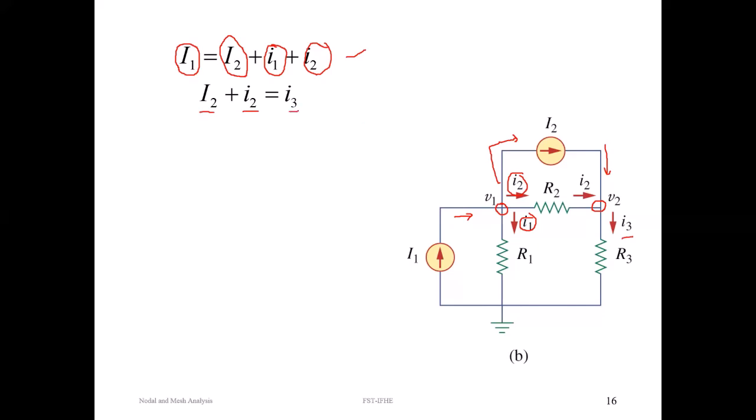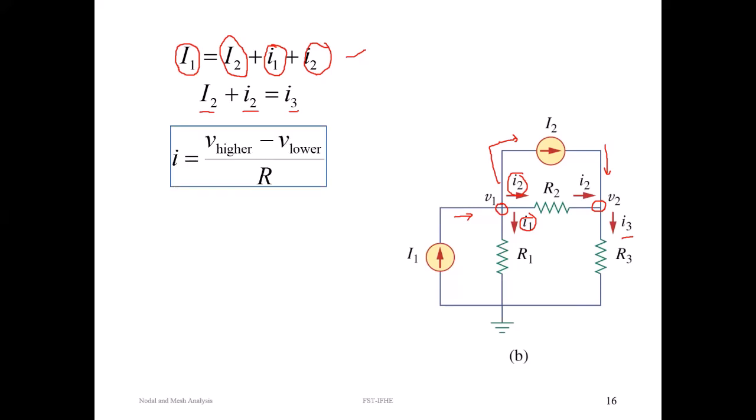So what we have done is that initially we applied KCL at V1 and KCL at V2, writing the KCL equations in terms of currents. That is, the first step is over. Only half of the second step is completed. The second part of the second step is to rewrite these current equations in terms of node voltages.